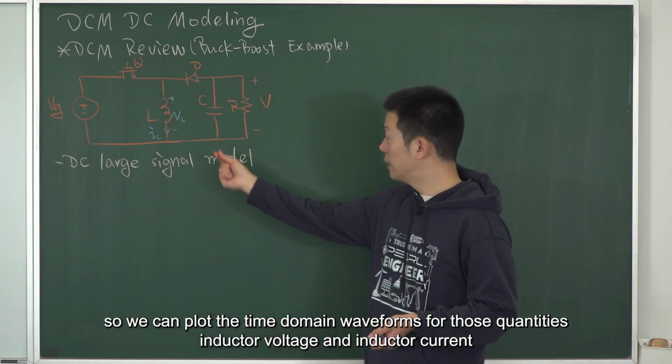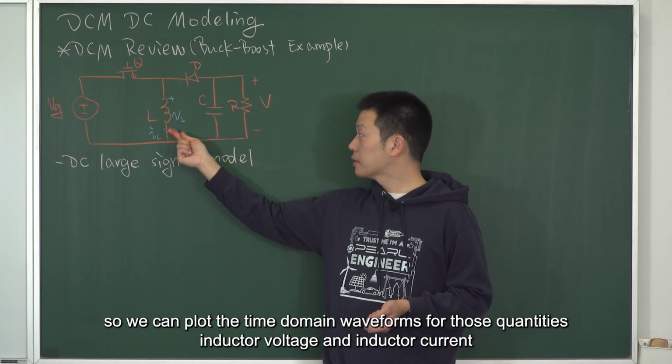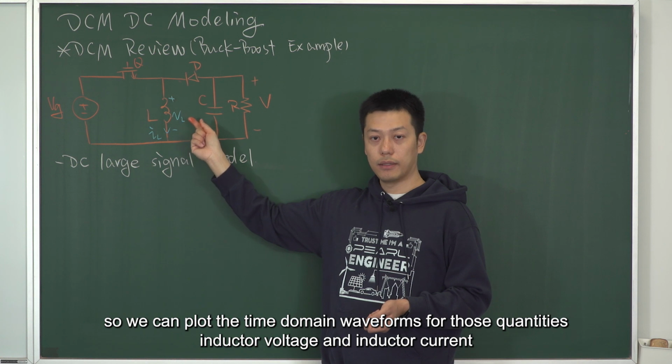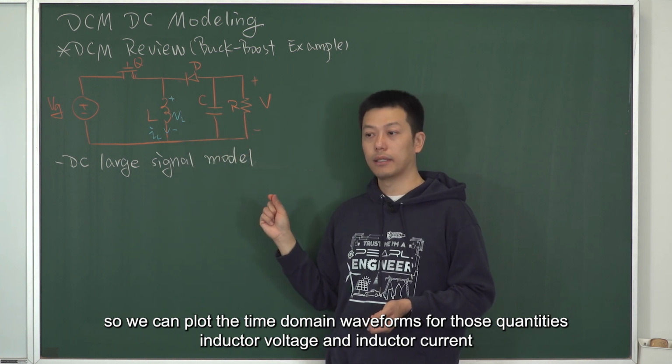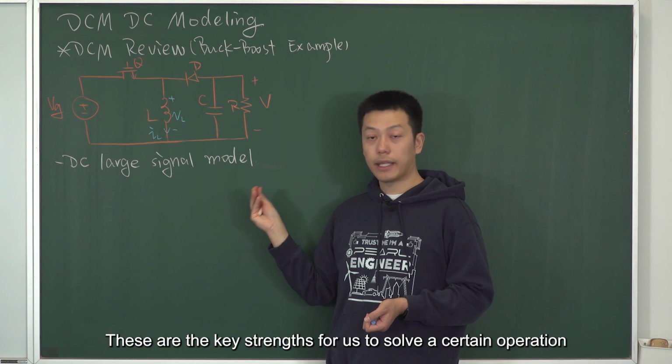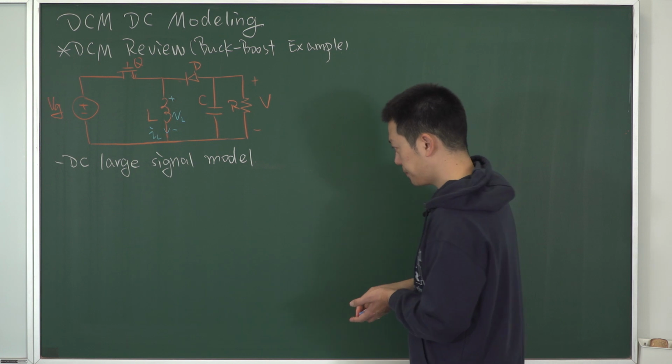So we can plot the time domain waveforms for those quantities, inductor voltage and inductor current. They are the key threads for us to solve the circuit operation.